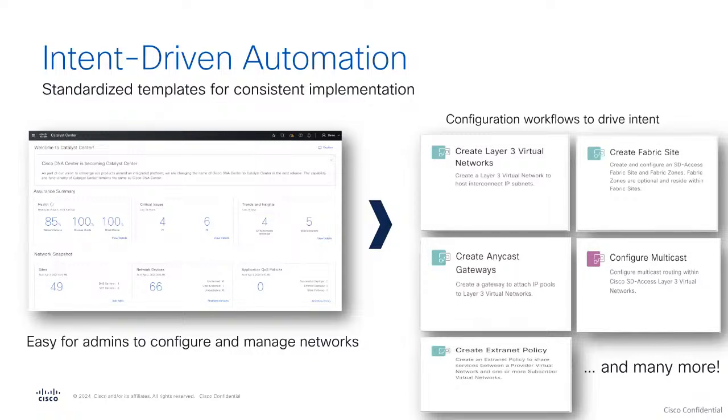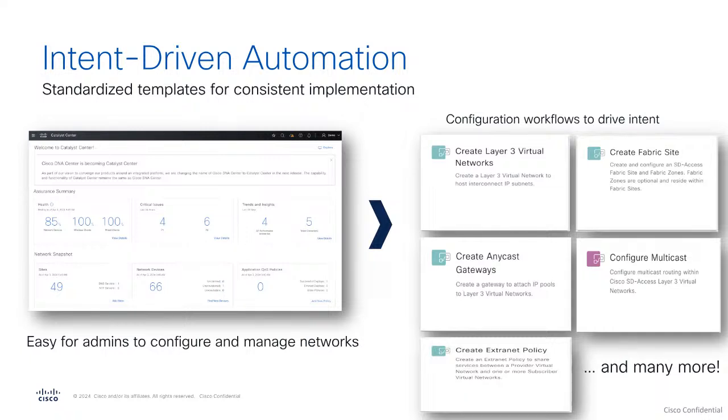Now, to answer that, I want to begin with the first capability that often drives organizations towards SD Access, and that is to use different workflows to deploy configurations, which you can see on the right side of the slide. There are different workflows that you can use on Catalyst Center, and these workflows are defined by an intent.